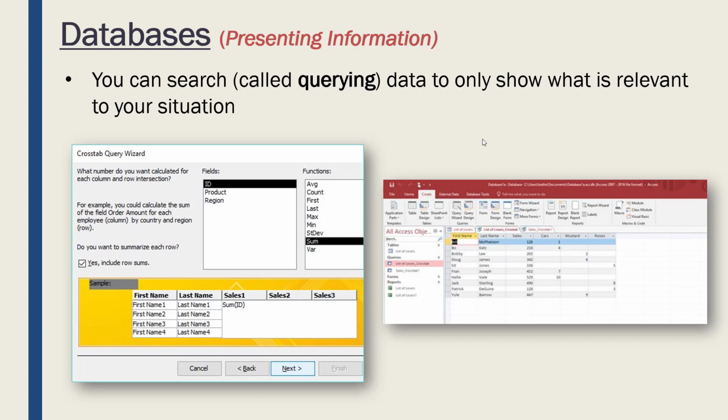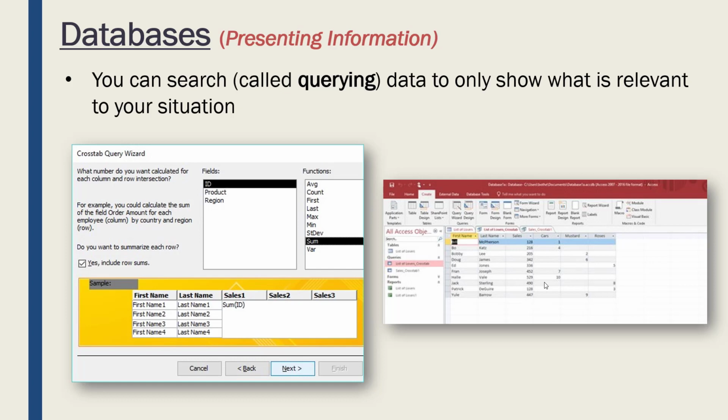So if we're only interested in, say, one table or one person, we can set up a query and it will return only that subset of the data we had originally. This makes it easier to present. This is processing again, really, because we're searching, but the actual presentation makes it a lot more relevant to our situation because it can be massively reduced.